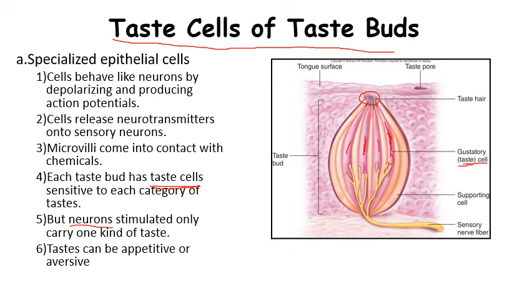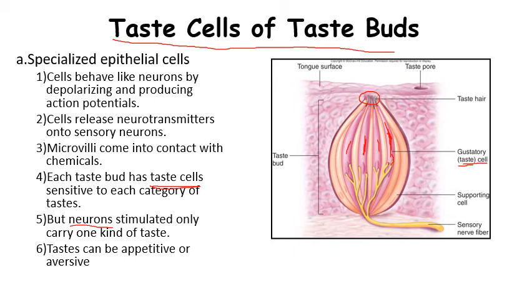The tastes are not intermixed between the different taste cells and neurons. A neuron is not going to carry information for both sweet and salty. A taste cell will not sense both sweet and salty. It will only sense one specific taste.